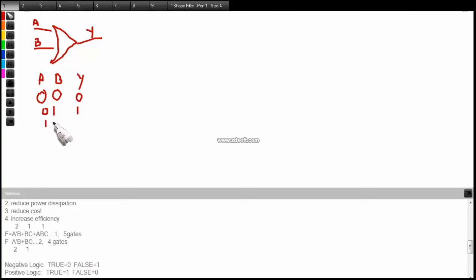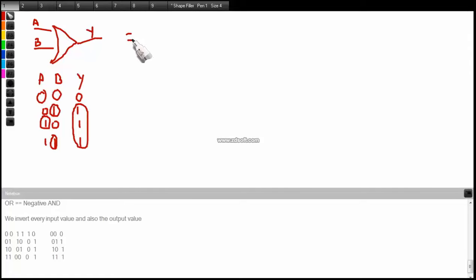If I get 1, 0, I will get 1. Again, if I get 1, 1, I will get 1. Why so? Because the concept of OR gate is whenever either of the inputs is high, we get a high output, right? So we have obtained high output because we have either of the inputs high.